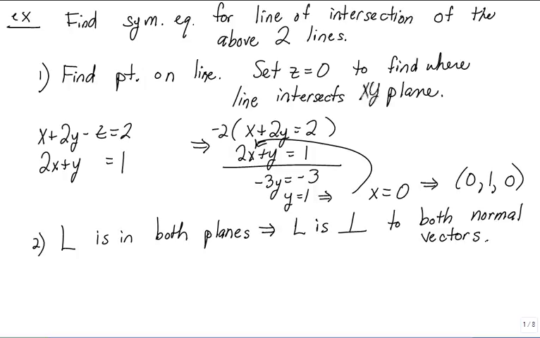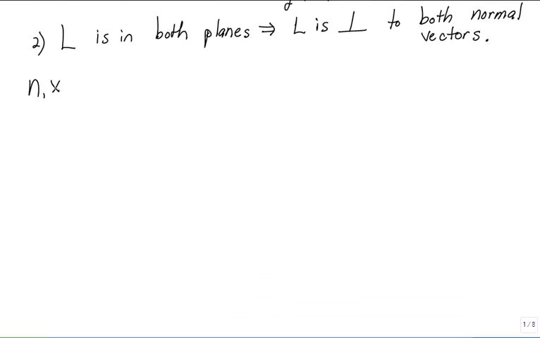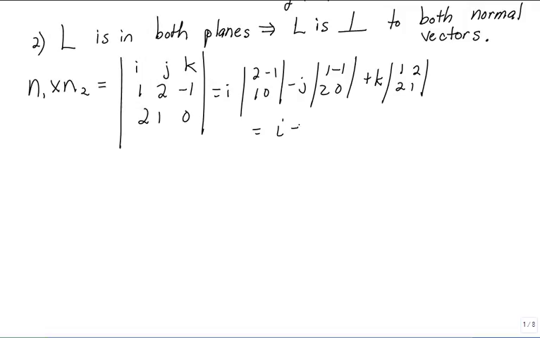So we take the cross product of the normal vectors to get a vector that's orthogonal to them, and that gives us a direction vector.